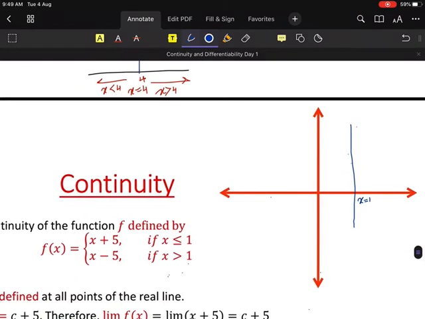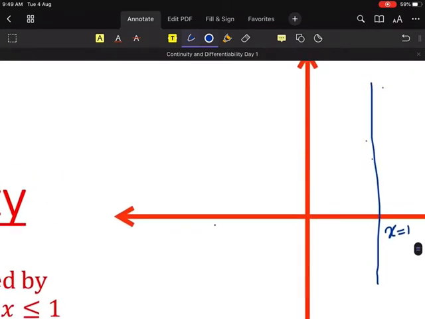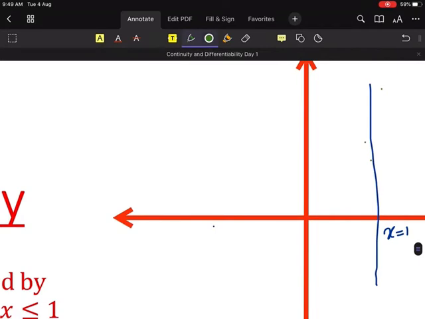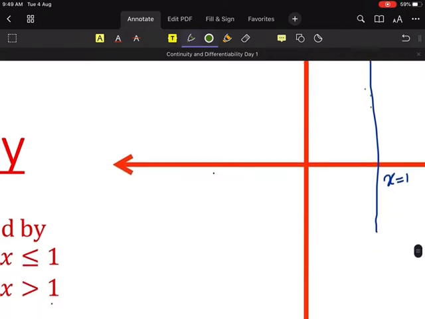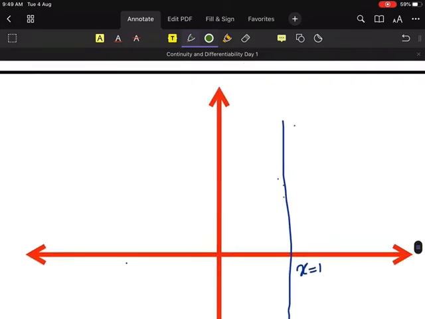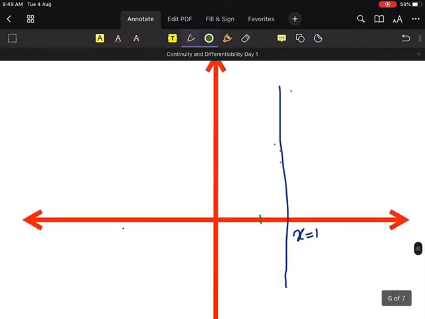Now let us put this point x equal to 1. The function is x plus 5 when x is less than or equal to 1. I will just draw a graph like this. It is x minus 5, or x plus 5? It is x plus 5.